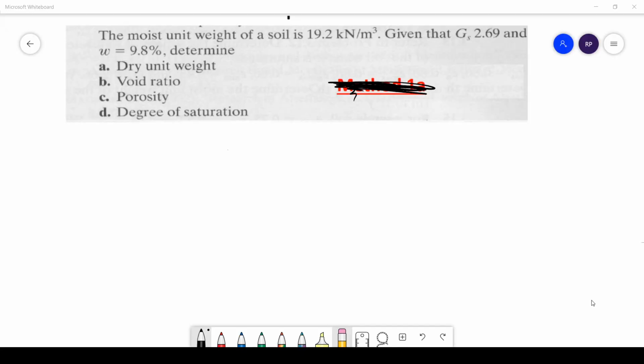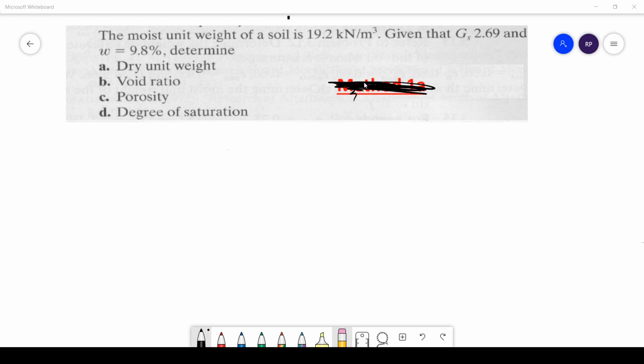So now we are to solve our second example for our index properties of soil. As stated here, the problem says the moist unit weight of a soil is 19.2 kilonewton per cubic meter. That is the moist unit weight of the soil.